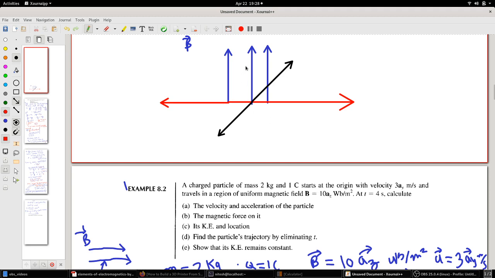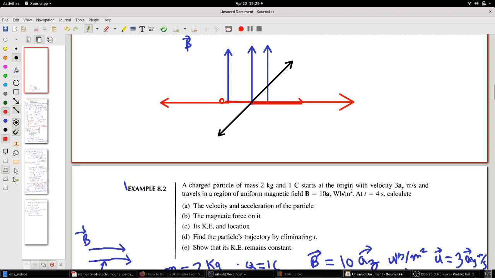So the B field right now, let's just say the charge is a small charge moving in this direction. If it's moving in the y direction like this, it's moving in this direction here.